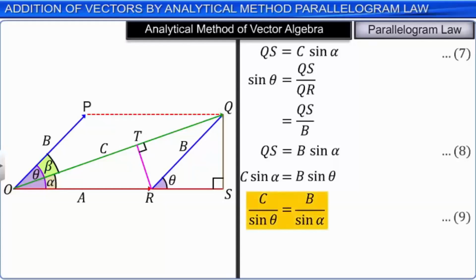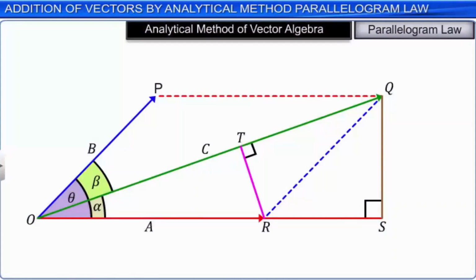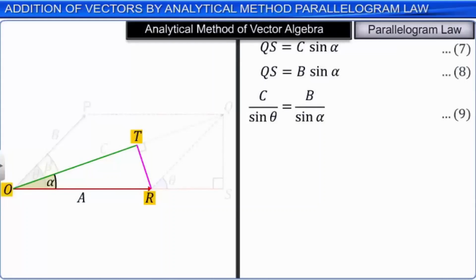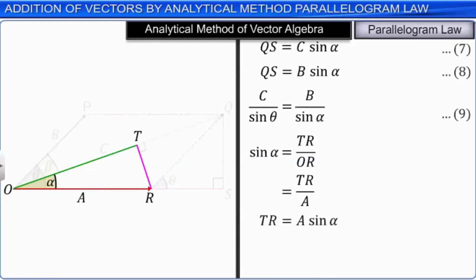Now, consider the next triangle ORT. From triangle ORT, we can write sin alpha is equal to TR by OR is equal to TR by A. TR is equal to A sin alpha. Let this be equation 10. Consider the next triangle QRT.